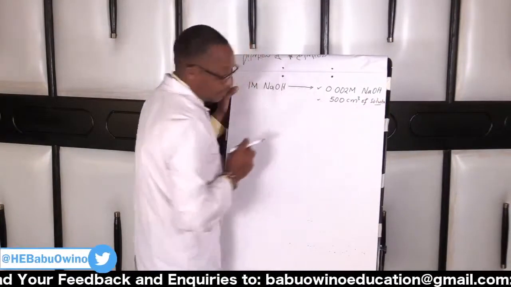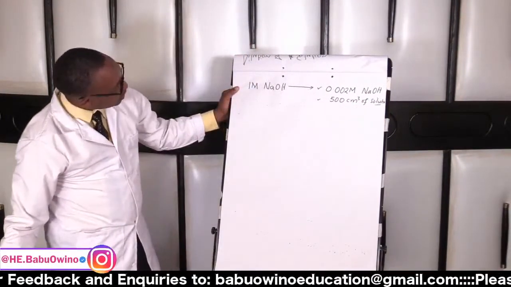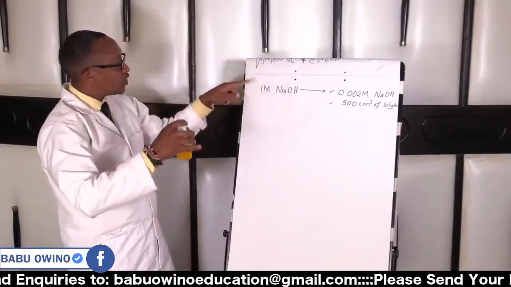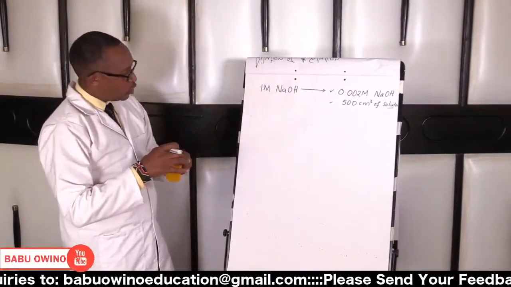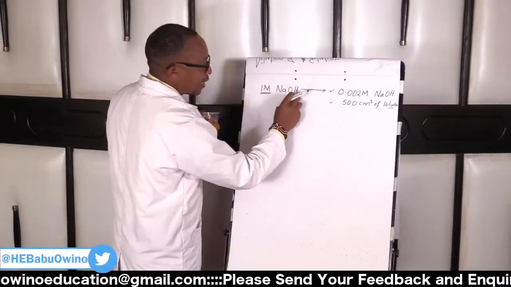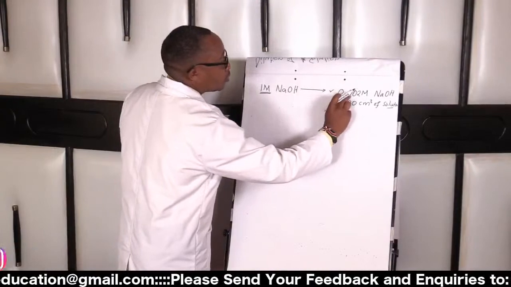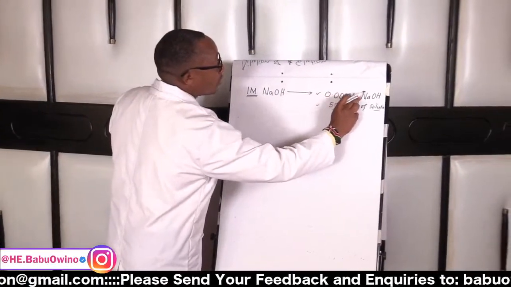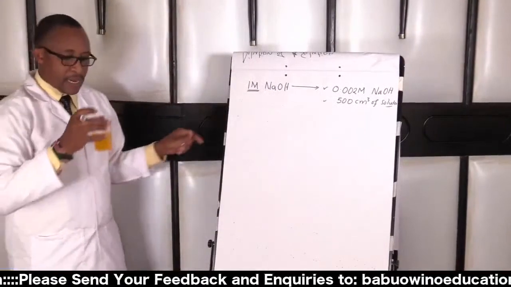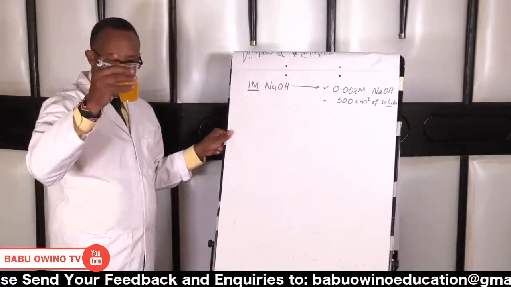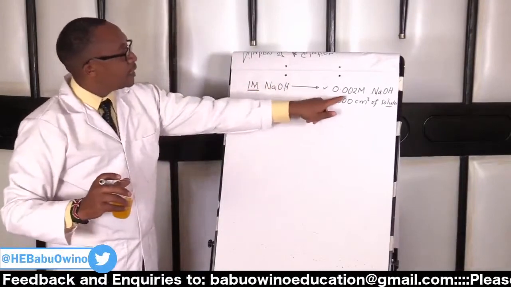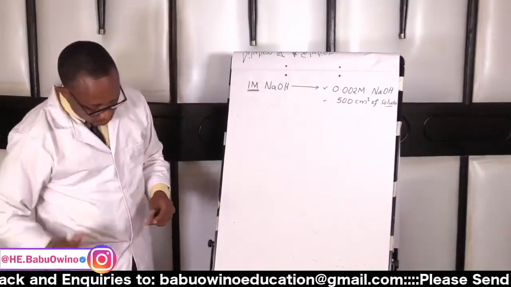So we want to see, assuming this is the juice that is concentrated, 1 molar, which is 1 mole per liter, and I want to make 0.002 moles per liter, and I want to make 500 centimeters cubed. How much of this, the one that Babu took, will I need to make this amount of solution?